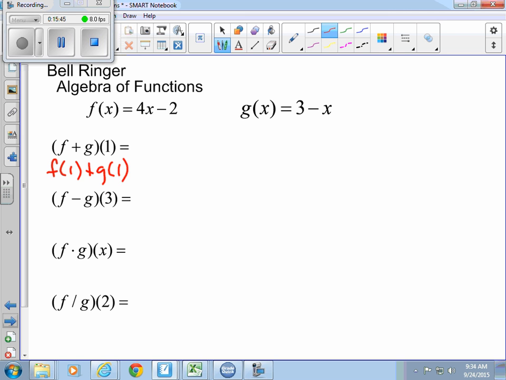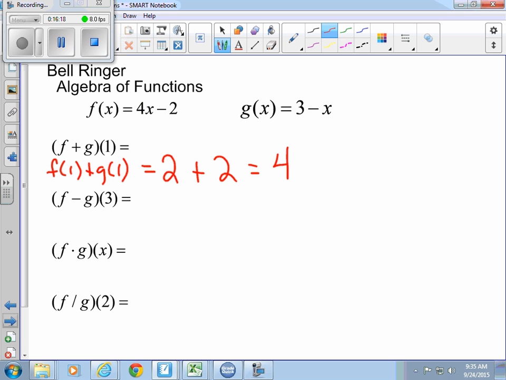So f of 1, can I find f of 1? What is f of 1? 2. 4 times 1 minus 2. Everyone see how I got f of 1? 4 times 1 minus 2. And what's g of 1? So f of 1 plus g of 1 is 2 plus 2, which is 4.